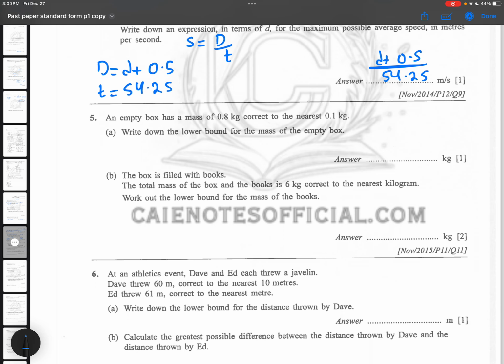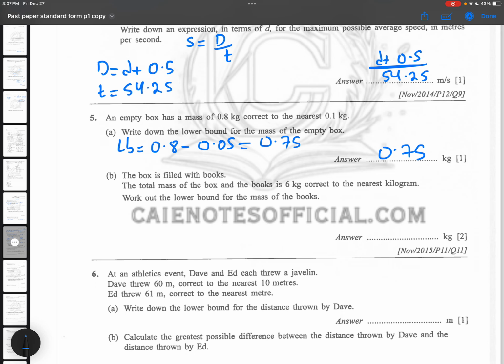So the mass is 0.8 kg, correct to 0.1. In order to get the lower bound, I will subtract 0.05 from 0.8 and I will get 0.75. So this is the lower bound of the mass of an empty box. Now part B says the box is filled with books.